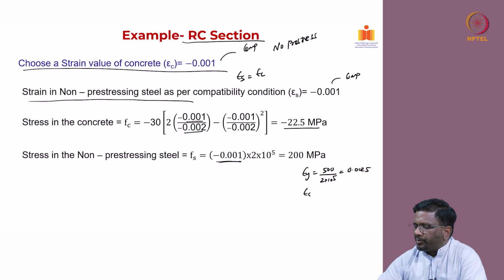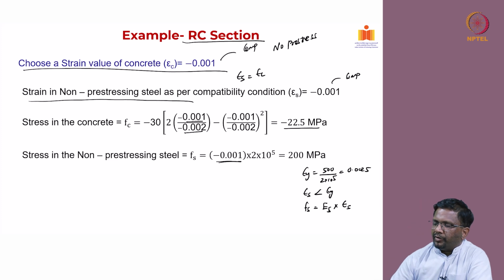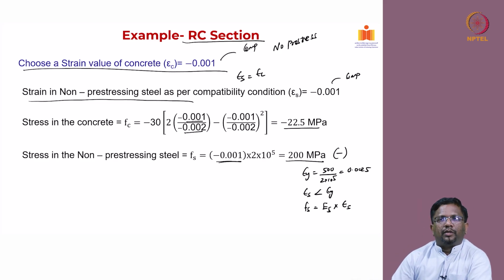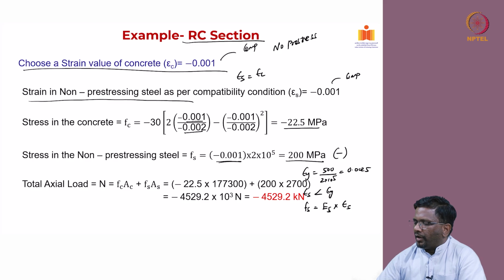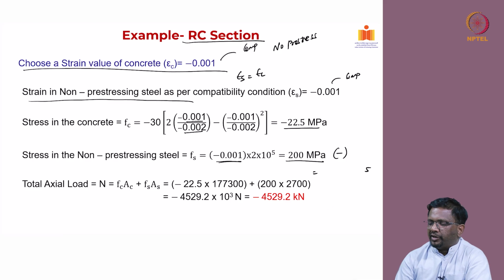When your strain epsilon s is less than epsilon y, the stress is equal to Es into epsilon s. Strain multiplied by elastic modulus gives me the stress, which is 200 megapascal, again negative, in compression. Now, what is the total load resistance for this particular assumed strain? It is Fc into Ac plus Fs into As.